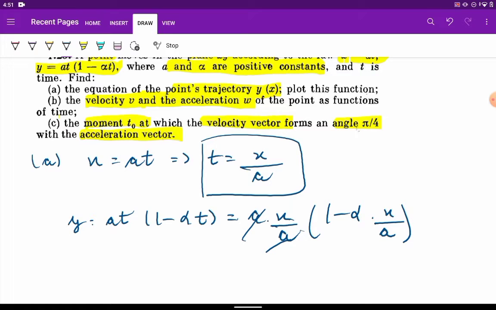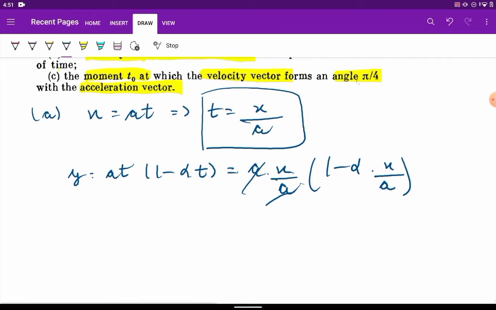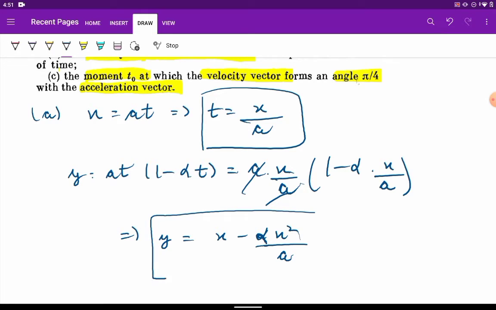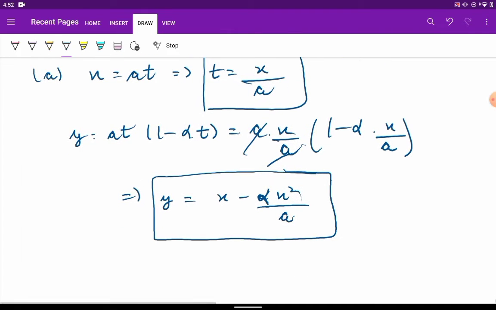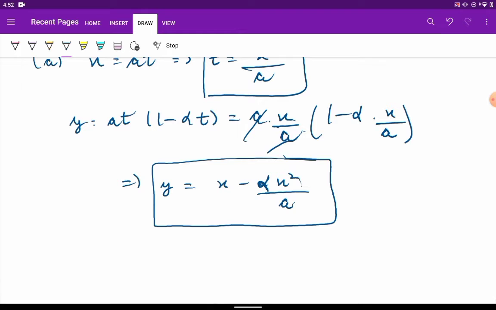A cancels out, so y is equal to x minus alpha x square by a. That is the first part.